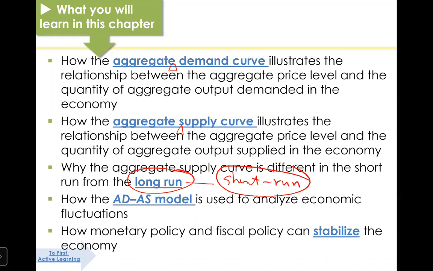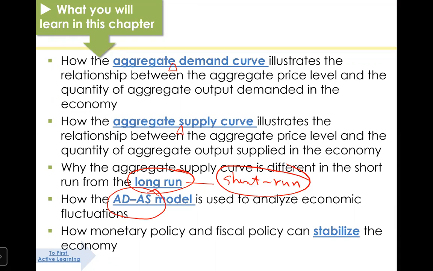Short run usually means a few months. Long run means a few years or decades. You're going to see the aggregate supply will be dramatically different. Once we understand supply and demand separately, we are ready to bring them together. We are going to have the aggregate demand and aggregate supply model.